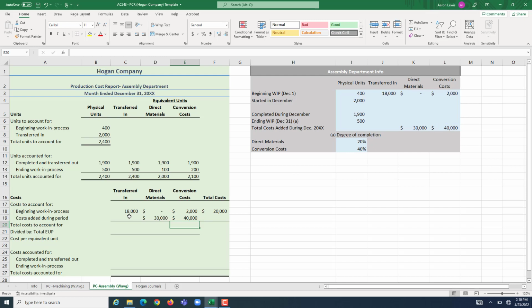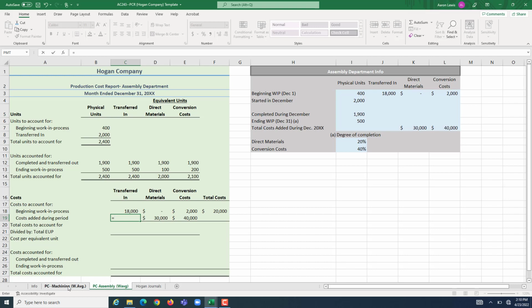But how much did we add for transferred in? Well, what was transferred in to this department, those additional costs that came along with those units which were transferred in, has to be equal to what was transferred out by the prior department. So for your costs added during the period in your transferred in column, just go back to the last PCR you had, like the immediately preceding phase of production.